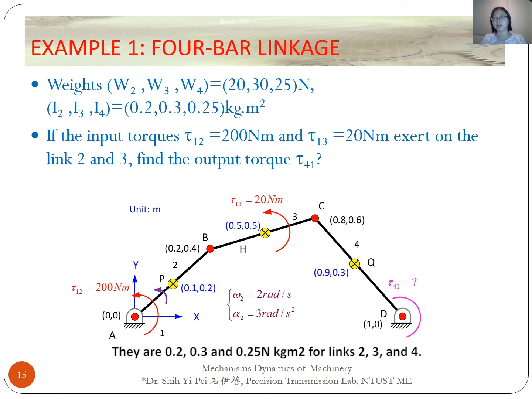They are 0.2, 0.3, and 0.25 kilogram meter squared for links 2, 3, and 4. All the positions of joints and the centers of gravity of links are known and represented in coordinates. This problem is to find the output torque tau 41.